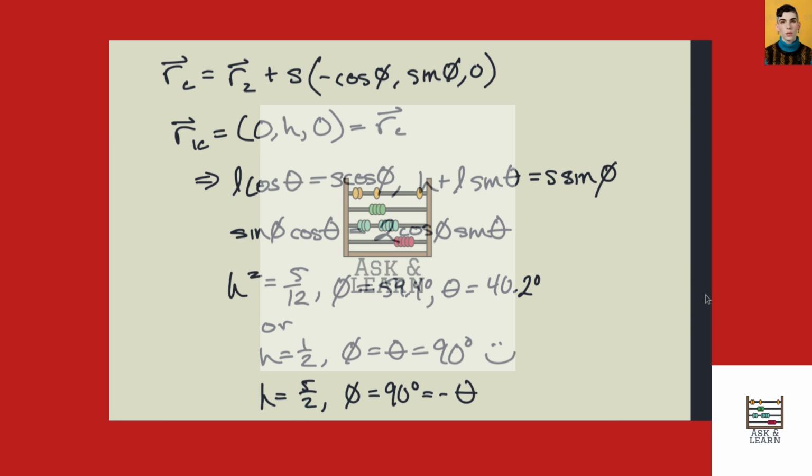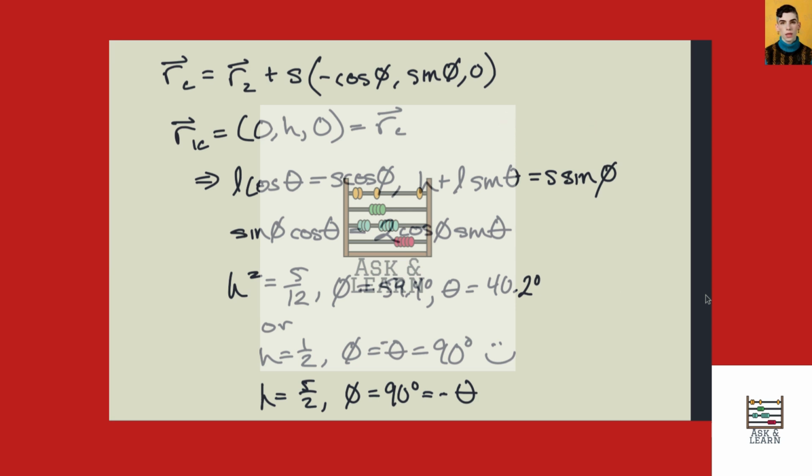I think this should be minus, and let's see, theta was from here to here, so that's positive, and from there, that should be negative. Yep. If you plug this in, sine of 90 degrees, sine of minus 90 degrees is -1, so we have h minus L equals s.